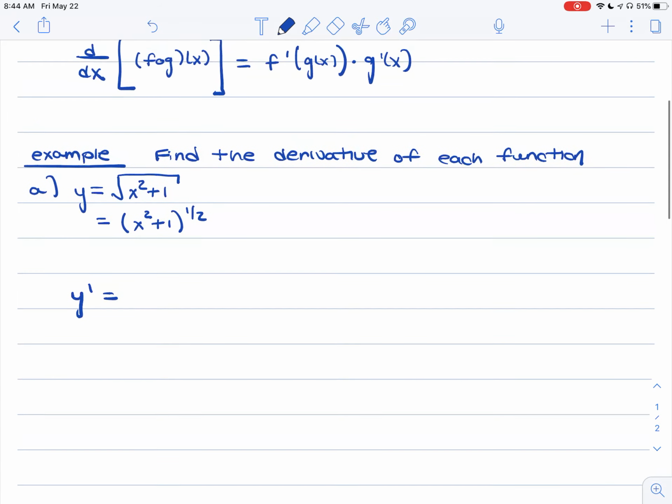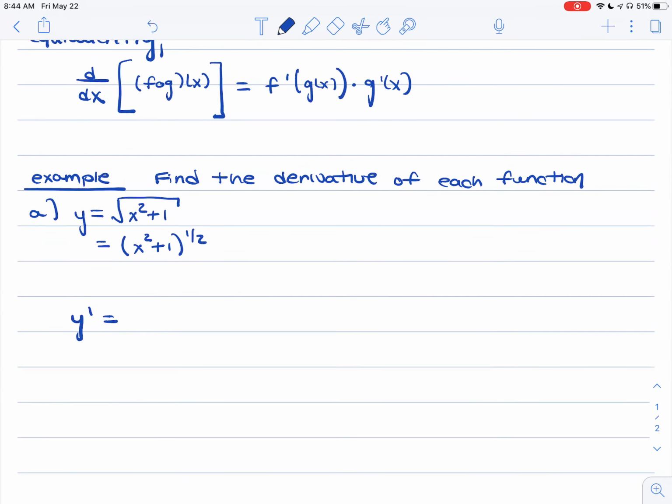Okay, so what our chain rule up here says is we're going to start by taking the derivative of the function on the outside. So in this case, that means taking the derivative of the square root. So with that, we're just going to use the power rule. So pull the 1/2 out front. We'll still have the x squared plus 1 on the inside. That doesn't change. And then subtract 1 from our exponent.